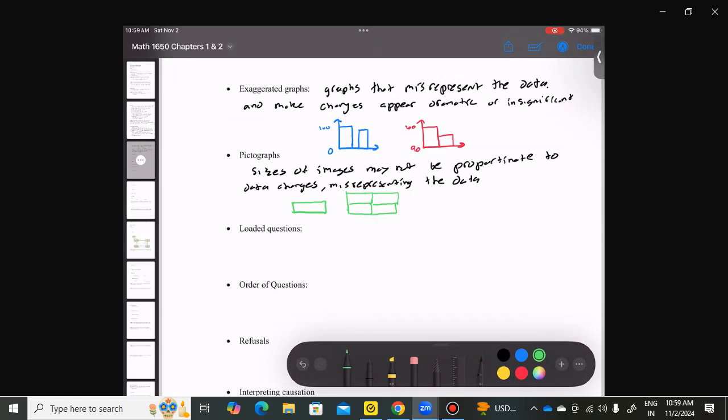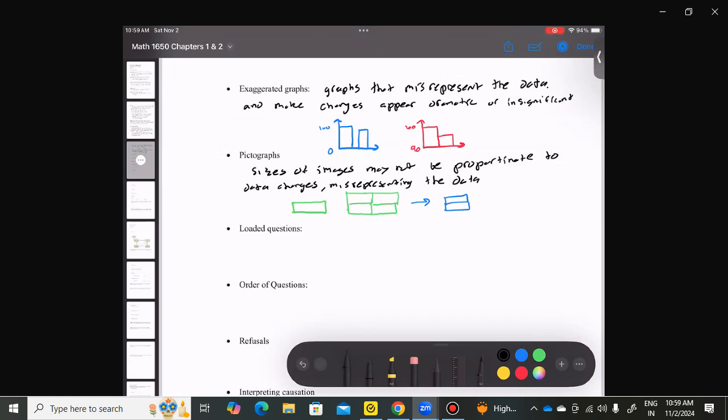But now it actually looks like it quadrupled instead of doubling it in one direction. So the correct way of doing this would be maybe just to go vertical. Doubling it gives you a second dollar bill above it instead of also one to the side. And so this happens in areas a lot of times when they're trying to show maybe a length has doubled, but they're doubling the area. So picture graphs sometimes misrepresent data, and sometimes it's just an accident. Somebody thinks they're being creative and they're not seeing that they're causing an issue.